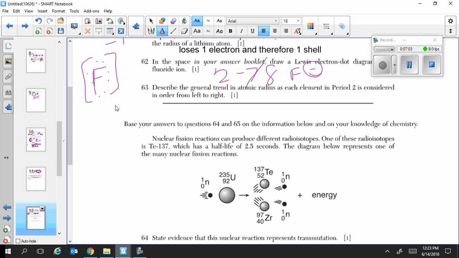Describe the general trend in atomic radius as each element in period 2 is considered from left to right. So as you go across, what happens to the radius?